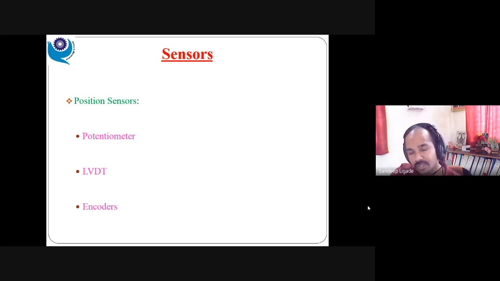So the linear position sensor converts position into proportional analog or digital signals, using Hall effect technology. The kind of technology they have used here is Hall effect.